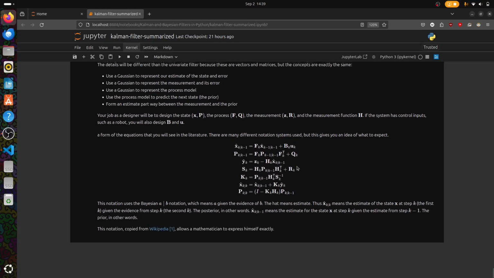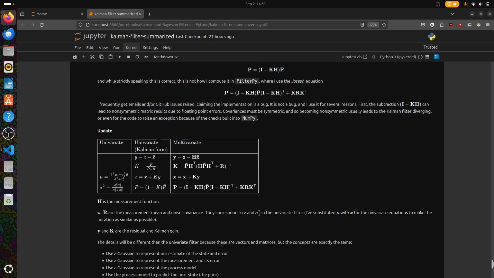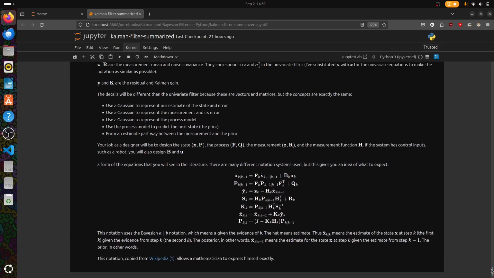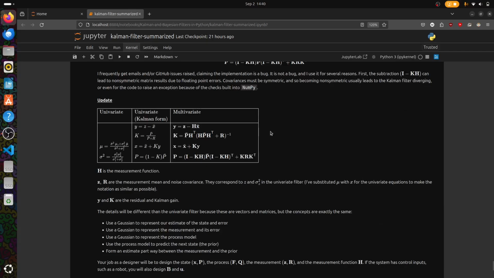With the residual and the Kalman gain, you apply that to the state, and then you get the corrected state. So the update part is a correction step, and the predict step is the moving forward in time step. That's how I would summarize this. And our model covariance, our Gaussian from our model, also changes, and it uses this equation here.